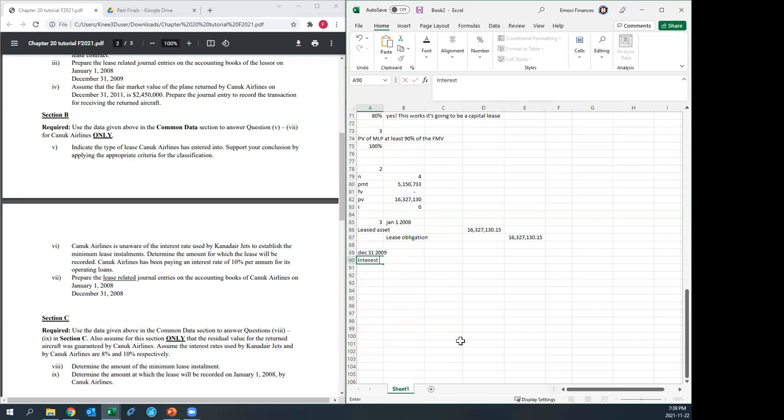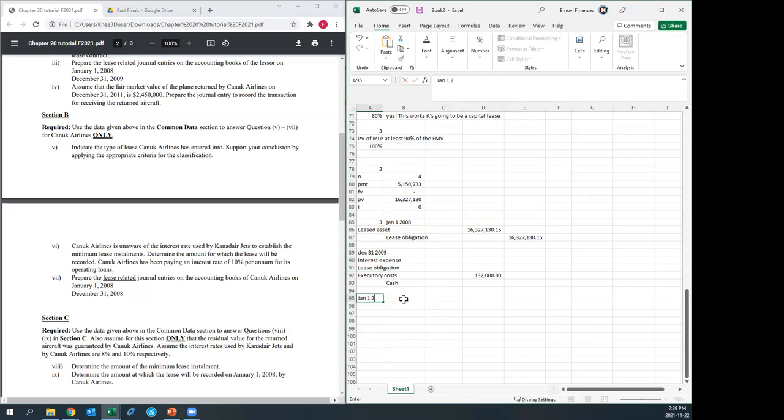You have your interest expense, your lease obligation, your executory costs, and your cash. This we know already is 132. And to find the difference between the interest expense and lease obligation, we have to do the table again.